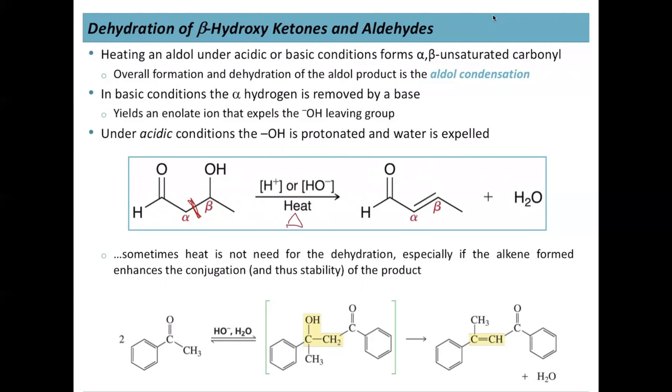And that's off to the right here, the alpha beta unsaturated carbonyl. We saw how to make these yesterday by putting a bromine at the alpha position and then doing an E2 elimination. But we can actually go straight from an aldol reaction to this alpha beta unsaturated carbonyl. And the key requirement for that is heat.